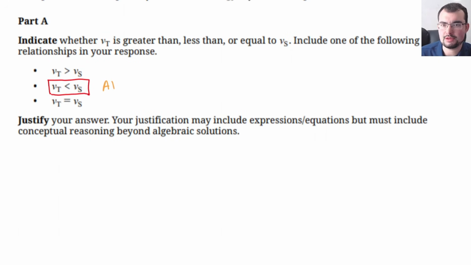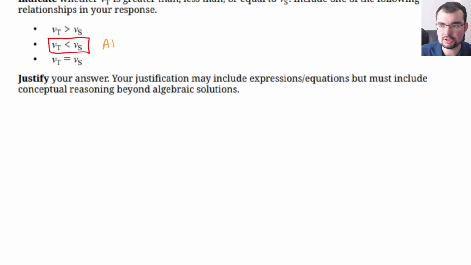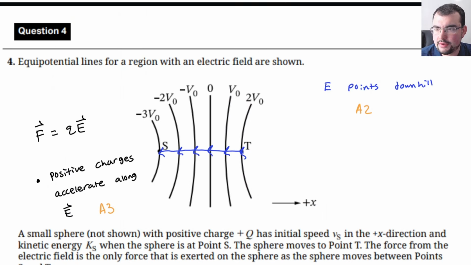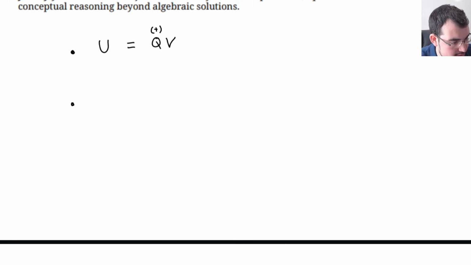Anytime you talk about speed in E&M, it's probably energy related for electrostatics. So we could say that the potential energy of a positive charge is equal to QV. And we see here that the potential, sorry, increases rather.